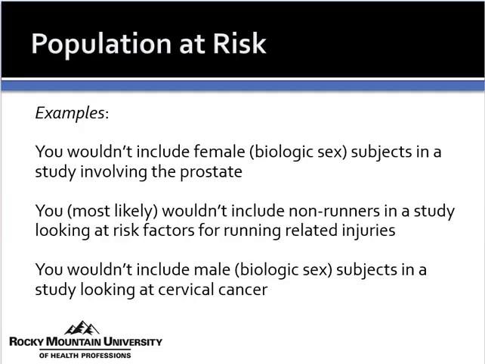That only makes sense, right? Other examples, you wouldn't include females based upon sex in a study involving the prostate. You wouldn't include non-runners in a study looking at risk factors for running-related injuries, and you wouldn't include males based upon sex in a study looking at cervical cancer.